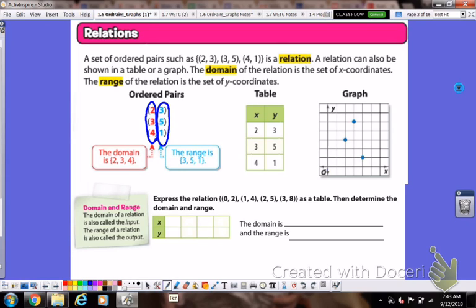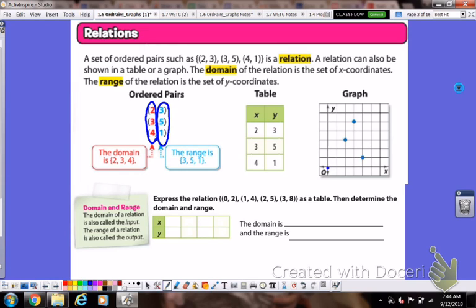So (2, 3), we always start at our origin. Your x values go horizontally, so 1, 2, and then we go up 1, 2, 3. For our next point, go back to your origin, count 1, 2, 3, and then up 1, 2, 3, 4, 5. And then finally, our third one, go back to the origin, count 1, 2, 3, 4 for your x, and up 1 for your y.